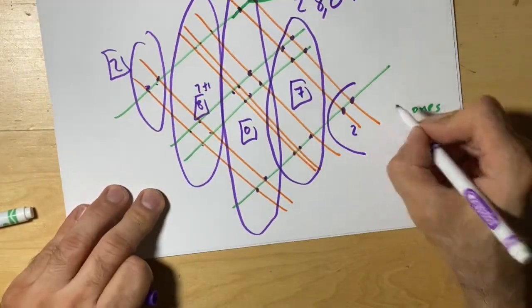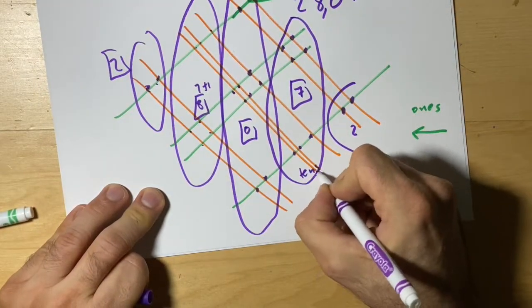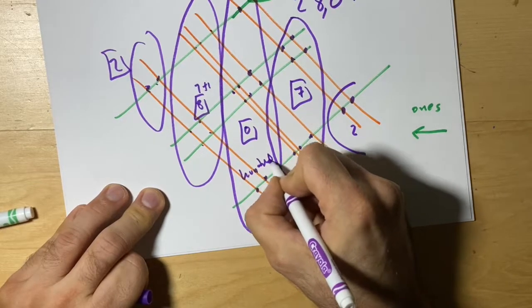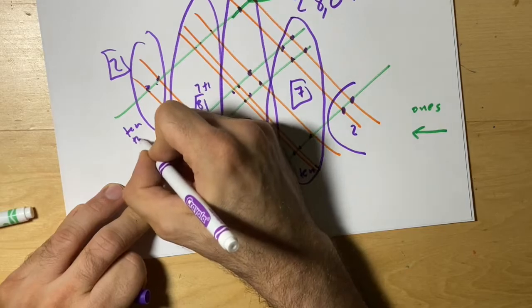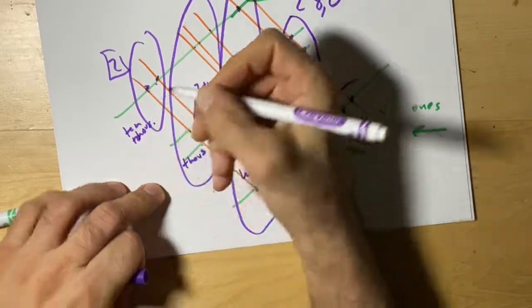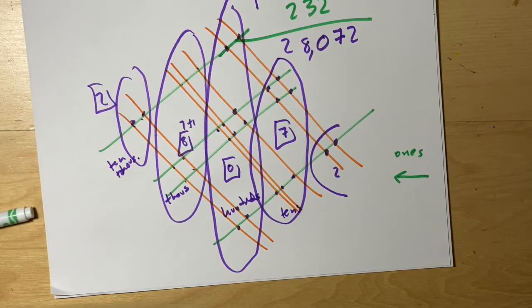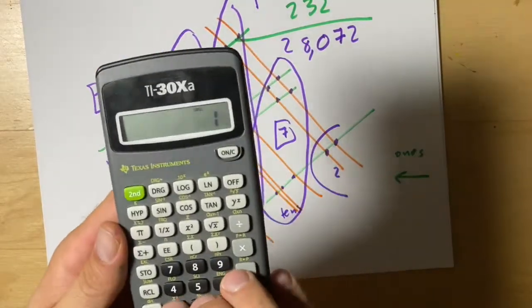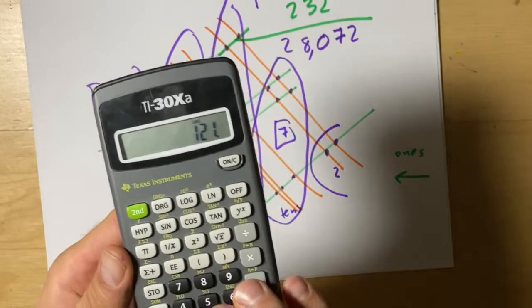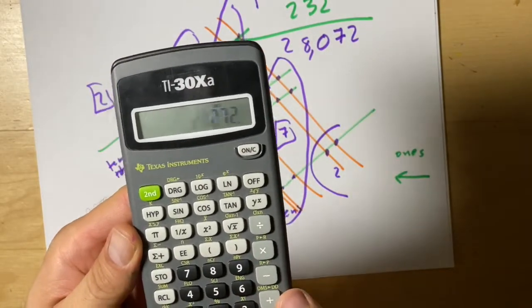So this was the 1s, this was the 10s, this was the 100s, this was the 1000s, and this was the 10,000s. And to verify, 121 times 232.